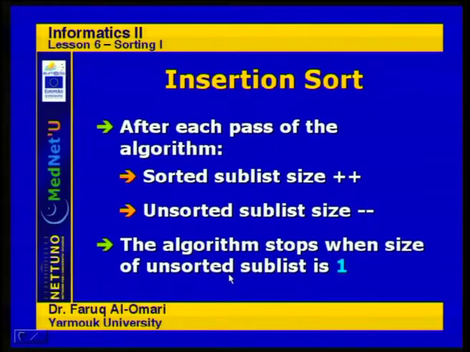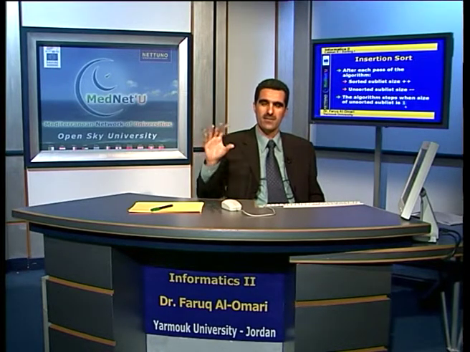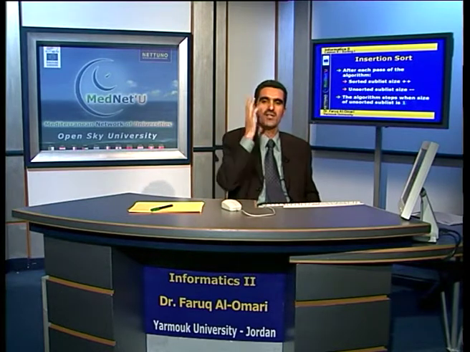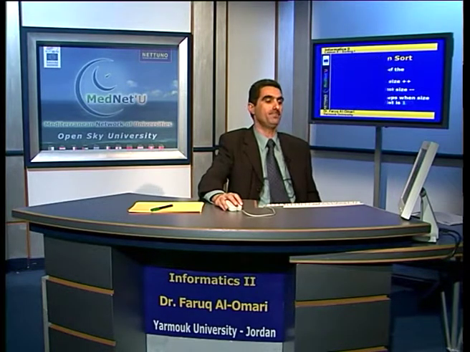The algorithm stops, and this is the terminating condition, when the size of the unsorted sublist is 1. That means definitely this last element is going to be the very last element to look at, and then it's going to be just inserted right away to the sorted sublist. So this is basically how the algorithm goes.